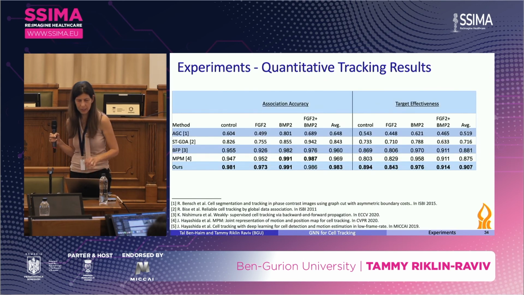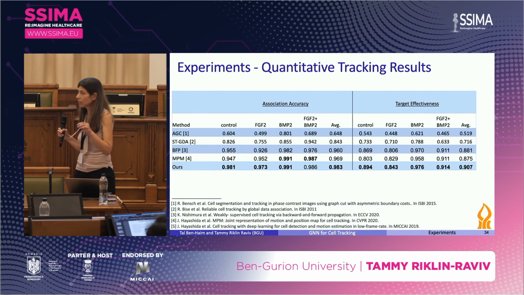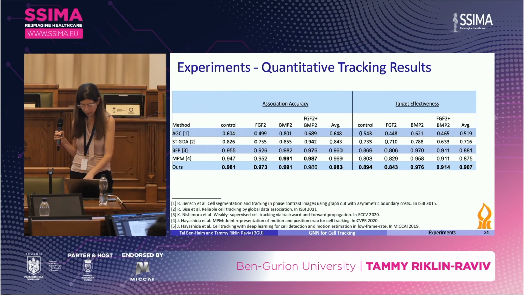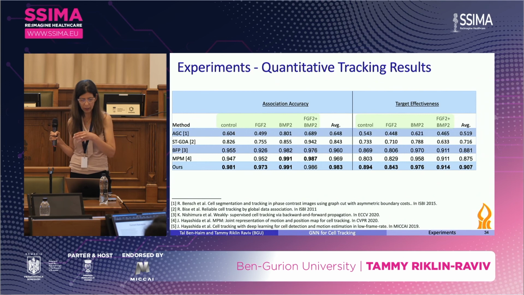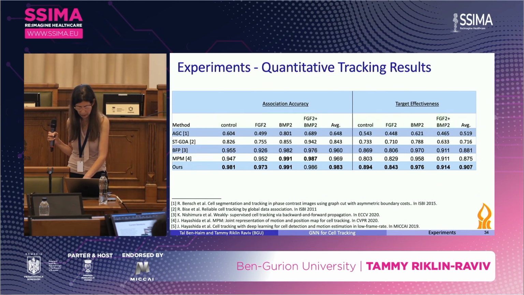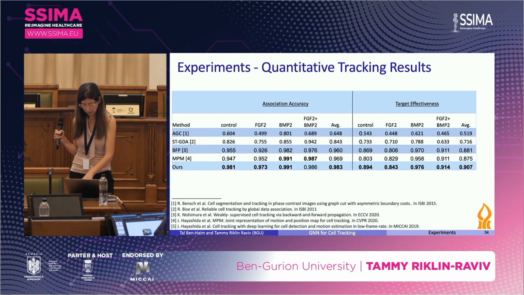Okay, so let's do some comparison. And here you could see some comparison. So we compare two different methods. So we compare different data set, the control, and different data set with different growth factor, and also look at the average. You can see that our method in the last row outperform all other methods.